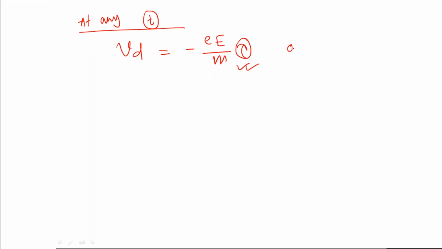This time is different. Relaxation means: after a collision has already happened, before the second collision happens, the average time that all the electrons elapse or relax before they collide. That duration of time is called tau. This is called relaxation time.